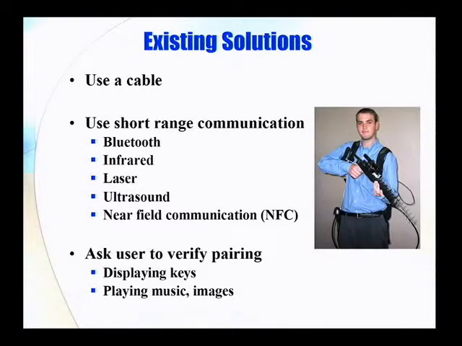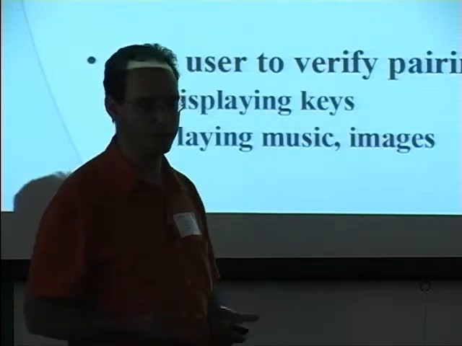So you may be asking yourself about this image over here. That, as it turns out, is a device called the Blue Sniper Rifle, developed by the Flexis group. Although it looks like a rifle, it's really not a rifle. It's a Bluetooth device that has a really powerful directional antenna attached.